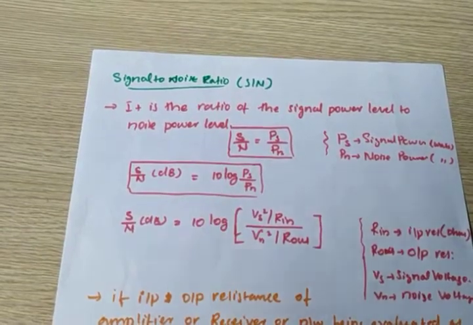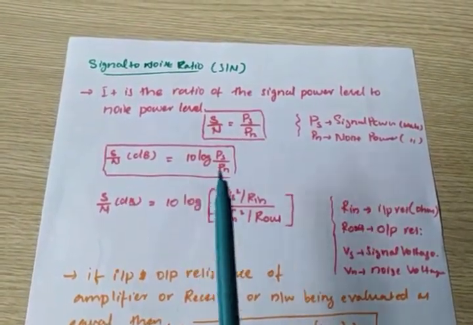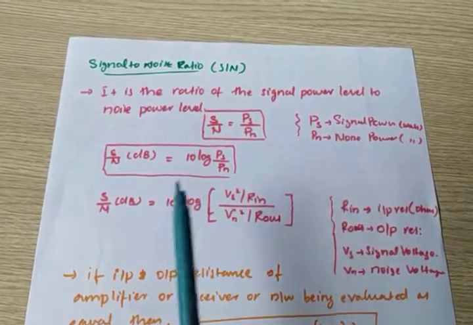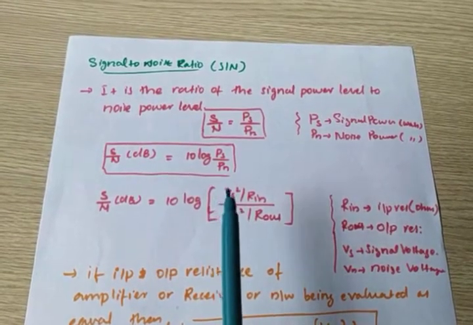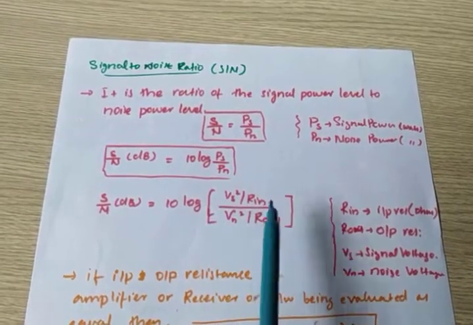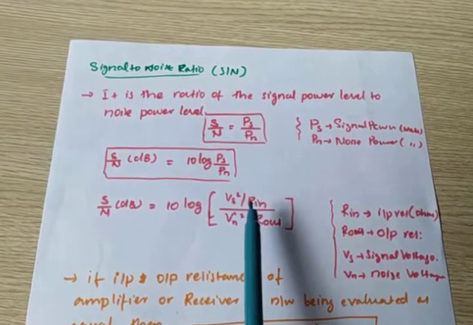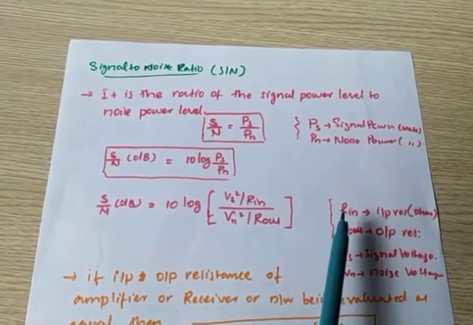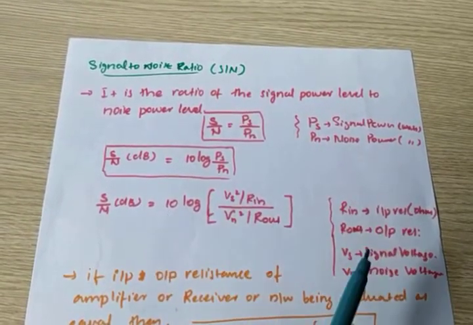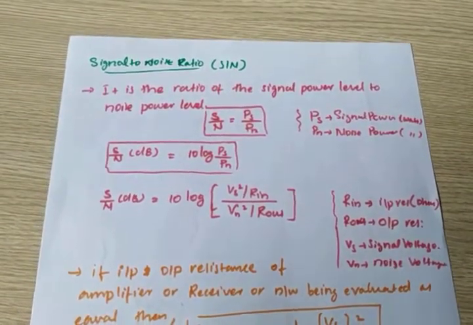We know Ps and Pn. What is Ps? Ps is signal power, that means power at the input. Power is nothing but V square by R, so this is the input, V square by Rn. Rn is input resistance, Rout is output resistance, Vs is signal voltage, and Vn is noise voltage.